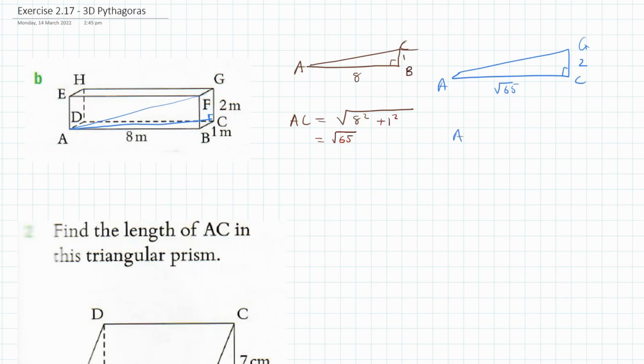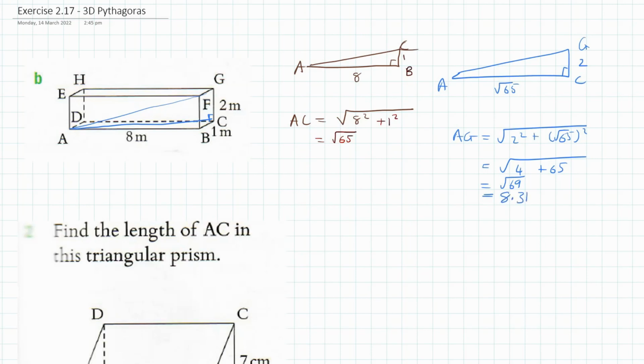So AG is equal to the square root of 2 squared plus square root 65 squared. Now, obviously, 2 squared is 4, and square root 65 squared is simply 65. So we end up with square root 69. And if we put that into 3 significant figures, we ought to get 8.31.